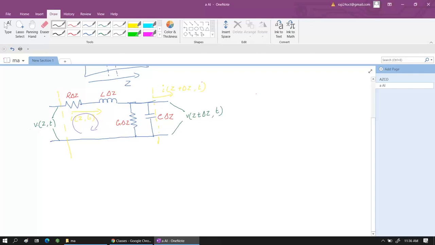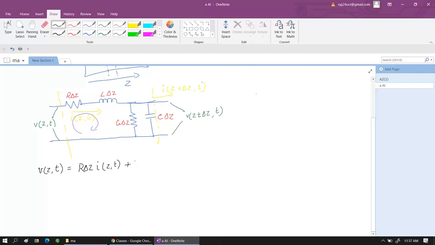We have voltage V(z,t) and two components over here, and here the voltage is V(z+Δz,t). So I can write V(z,t) is equal to, what do I have? The voltage drop over here is considered as RΔz into I(z,t), plus, next, what do I have?